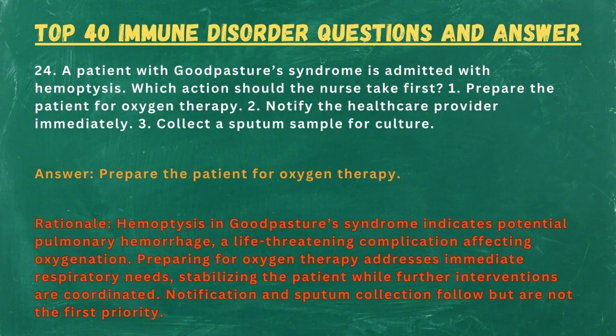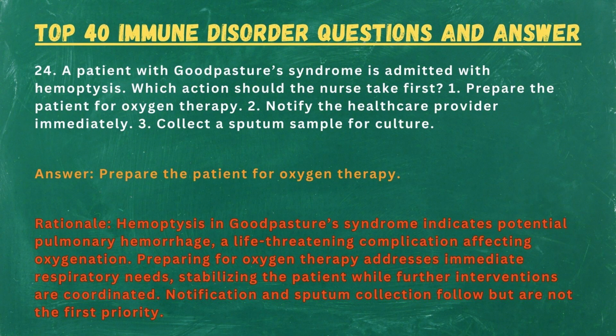24. A patient with Goodpasture syndrome is admitted with hemoptysis. Which action should the nurse take first? 1. Prepare the patient for oxygen therapy. 2. Notify the healthcare provider immediately. 3. Collect a sputum sample for culture. Answer: prepare the patient for oxygen therapy.